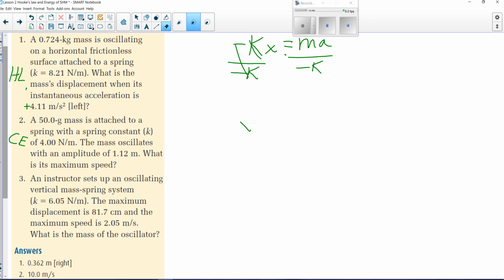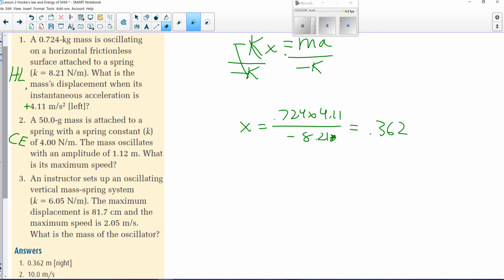So when I plug in the numbers, I'm going to have 0.724 kilograms times 4.11 meters per second squared divided by negative 8.21 newtons per meter. When I do that, I should get 0.362 meters, but on my calculator it will be negative.